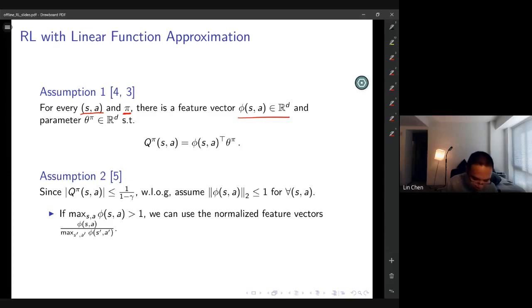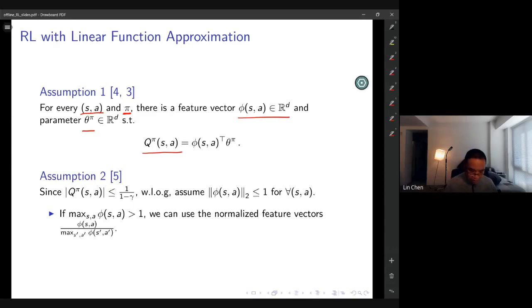We call it theta pi, such that the Q value of the state action pair S, A can be expressed as the inner product of the phi(S, A) vector and the unknown parameter vector theta pi. So this is the assumption for linear function approximation.